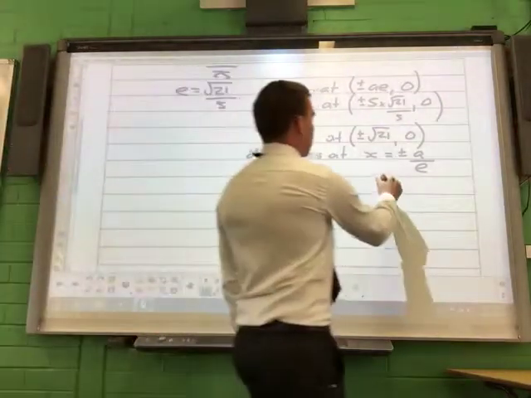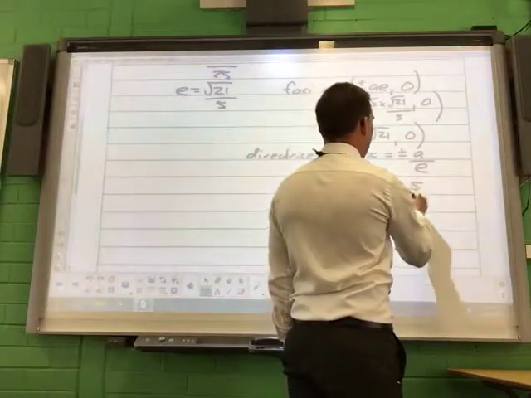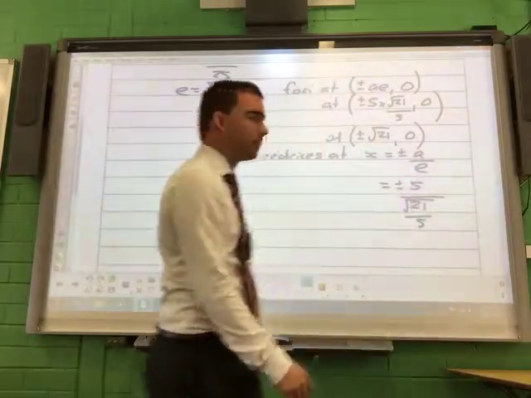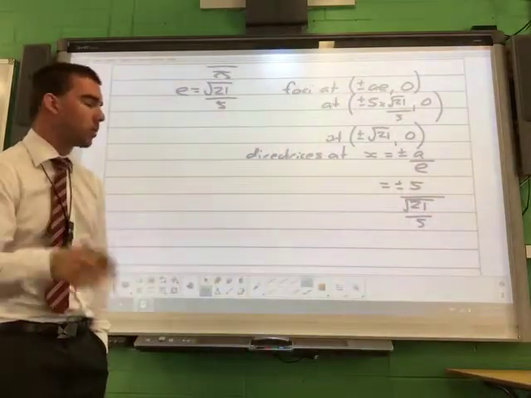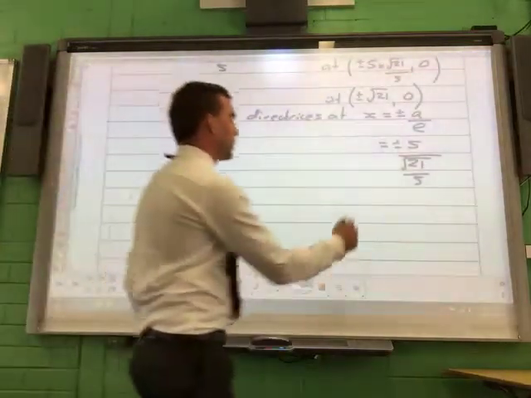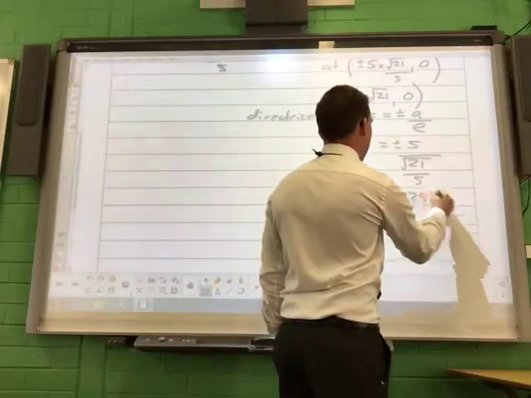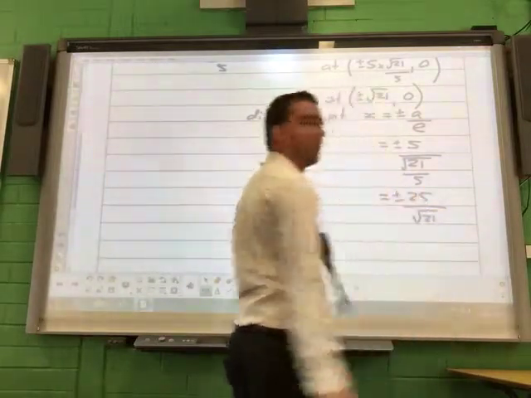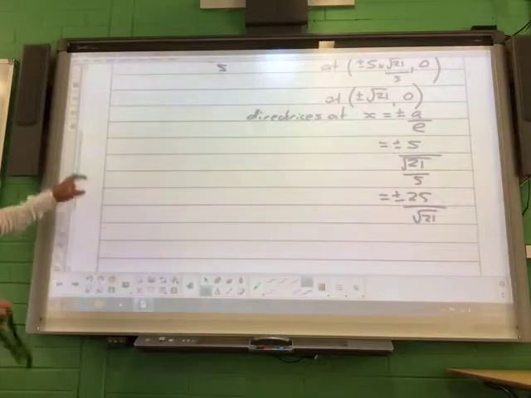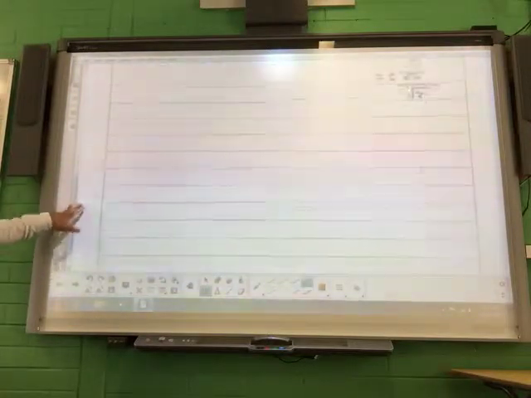So plus or minus 5 over the square root of 21 on 5. Cross multiply. You're dividing by a fraction, so you multiply by the reciprocal, so plus or minus 25 on square root of 21. We established that the square root of 21 is less than 5. 25 divided by a number less than 5 is still going to be greater than 5, which makes sense with the format of everything there.